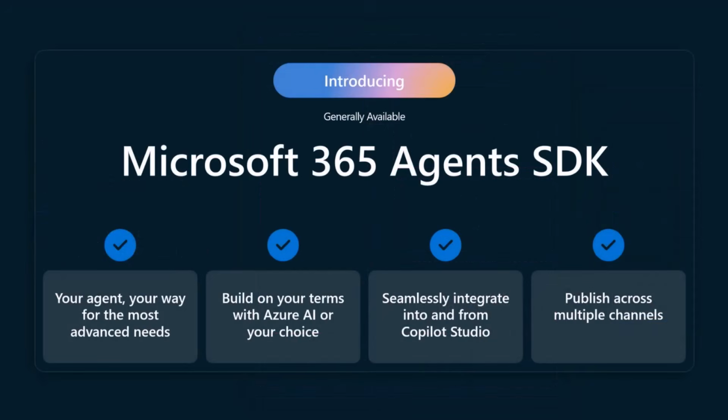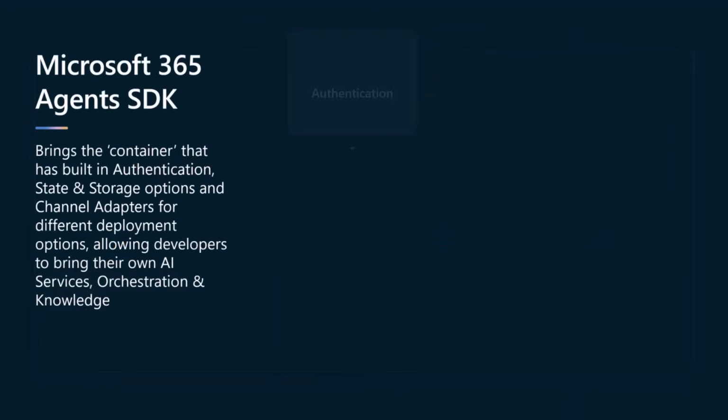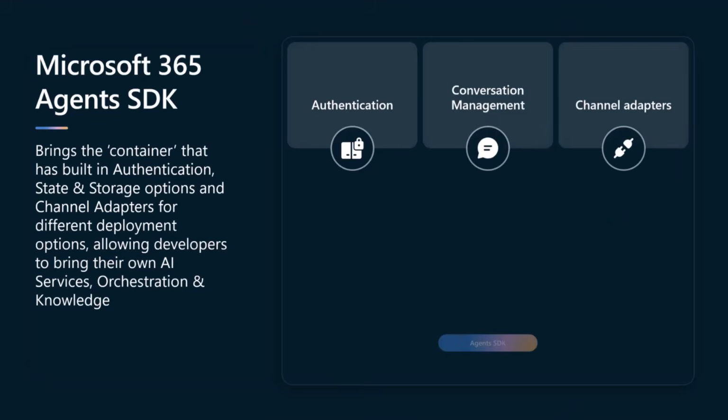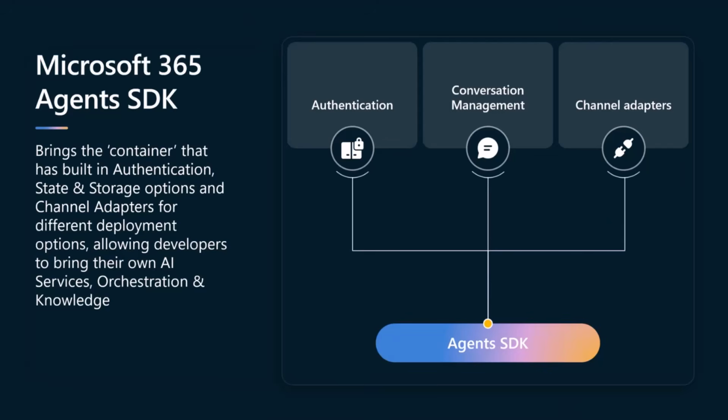Okay, so we're going to move on and talk a little bit about what the Agent SDK brings to this picture. The Agent SDK essentially encompasses that whole infrastructure, providing a couple of core capabilities to anyone that's building agents. We provide authentication support. By authentication support, that means that a client can acquire an authentication token from a user and provide that to the agent, so you can act as the user.